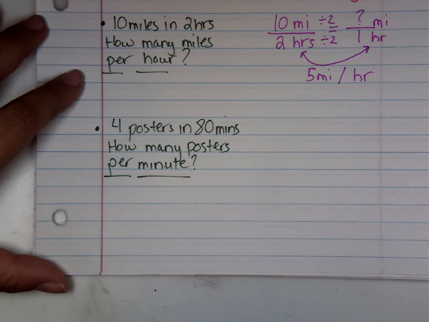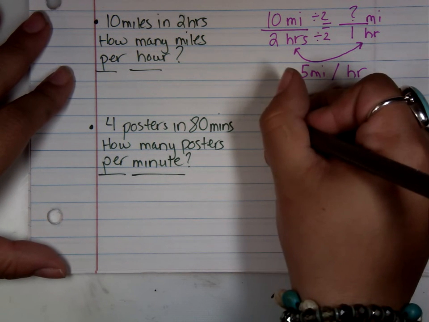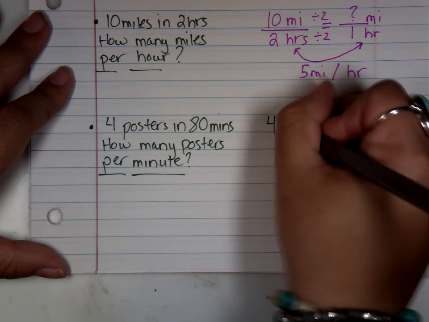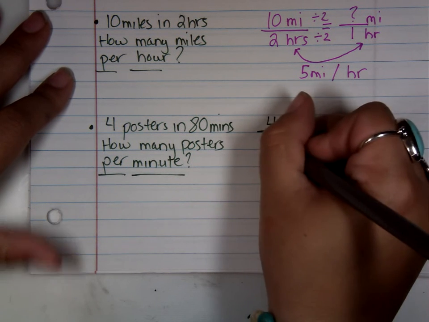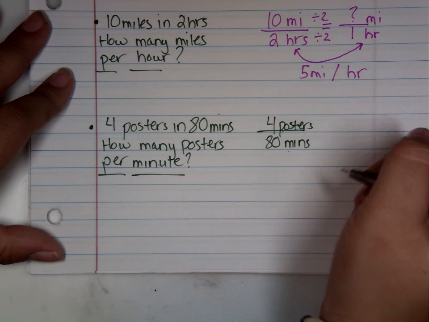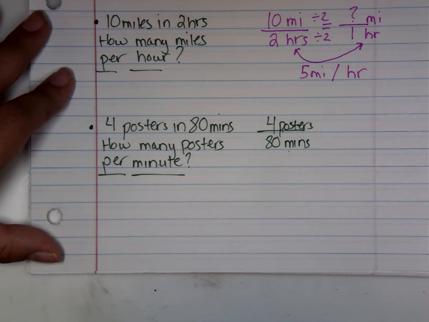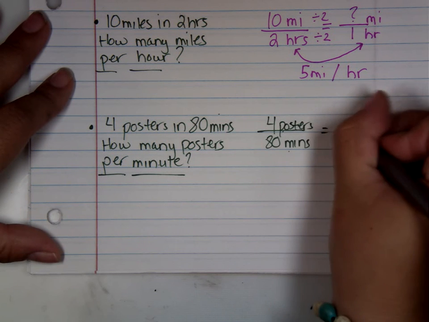Okay, so let's go ahead and set up our rate. We know we can make 4 posters, and let's write our units, in 80 minutes. 4 posters in 80 minutes. So, how many posters could we make in 1 minute?